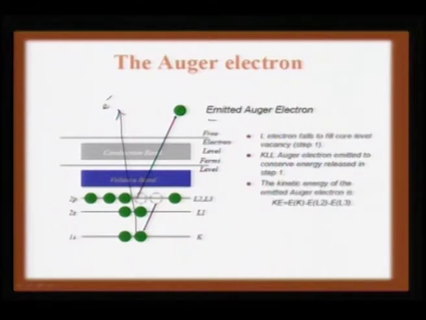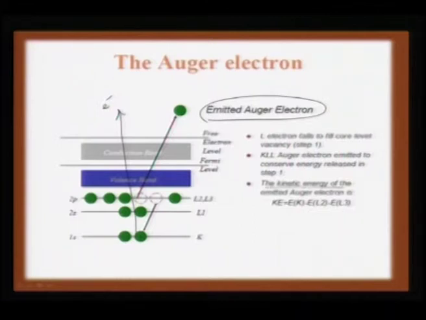As a result, you are getting an Auger electron, which is not the photoelectron that was ejected in the first step. Therefore, two different processes occur. One is the Auger electron, and the other is the X-ray photoelectron.